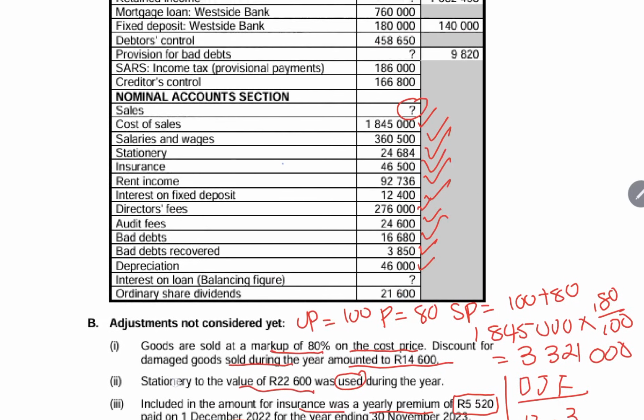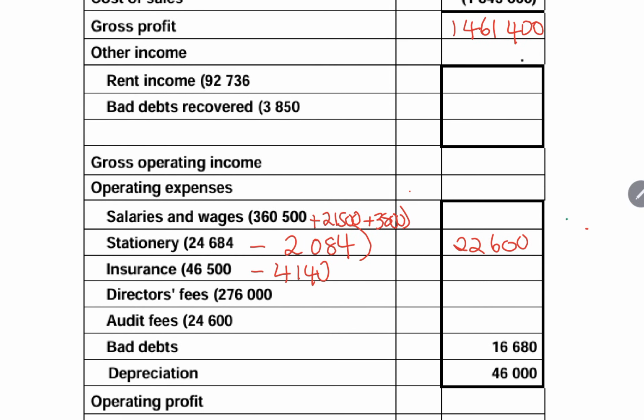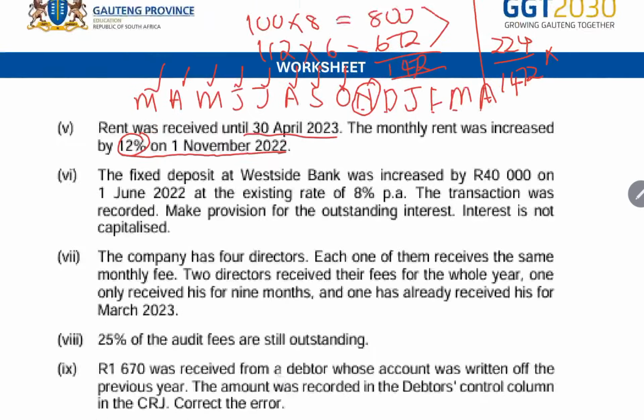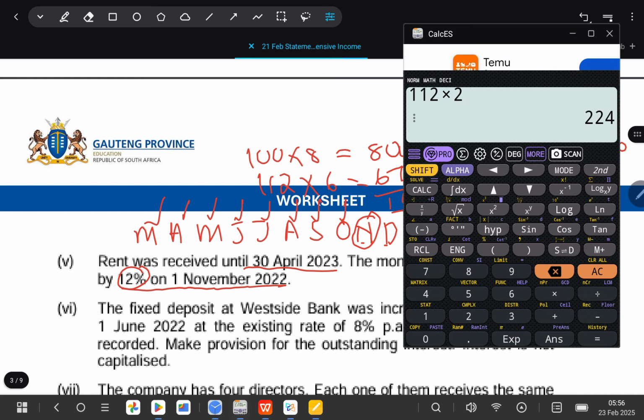And according to here, the rent that we have received in our answer book shows that we received 92,736. So multiply by 92,736 and see how much we get. Very important for you to show your calculations, guys.